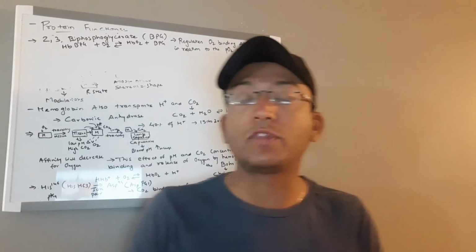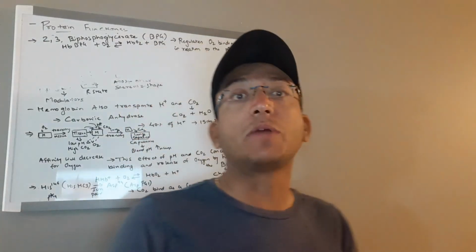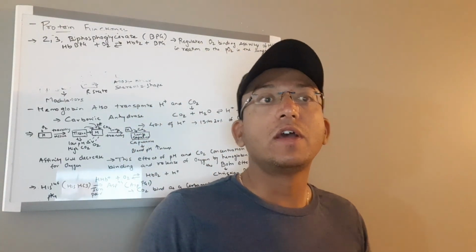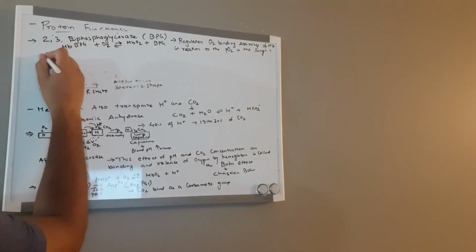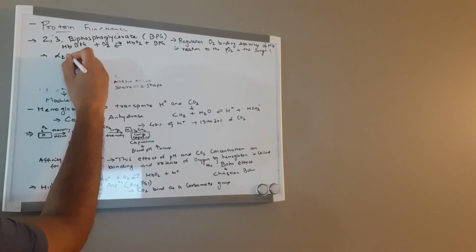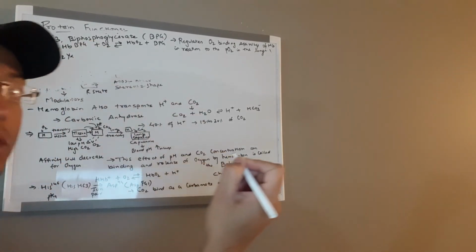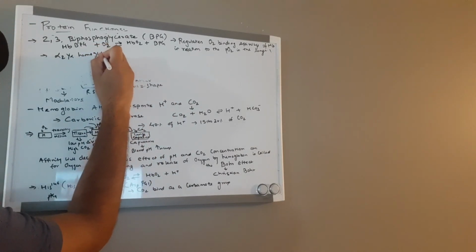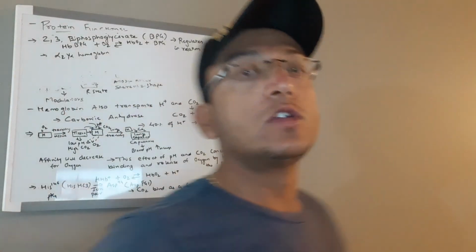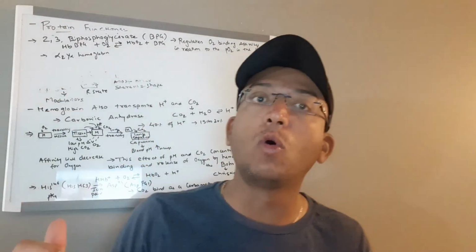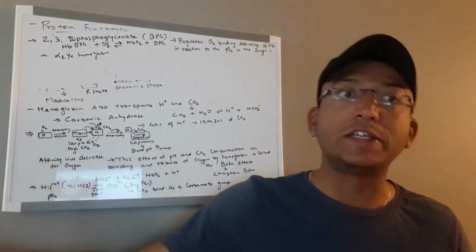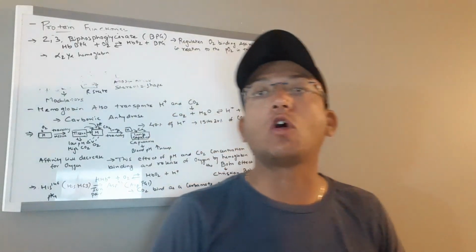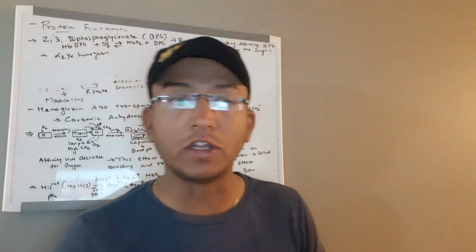So the fetus synthesizes gamma subunits rather than beta subunits, forming alpha 2 gamma 2 hemoglobin instead of alpha 2 beta 2. This tetramer has much lower affinity for BPG than normal adult hemoglobin and correspondingly higher affinity for oxygen.